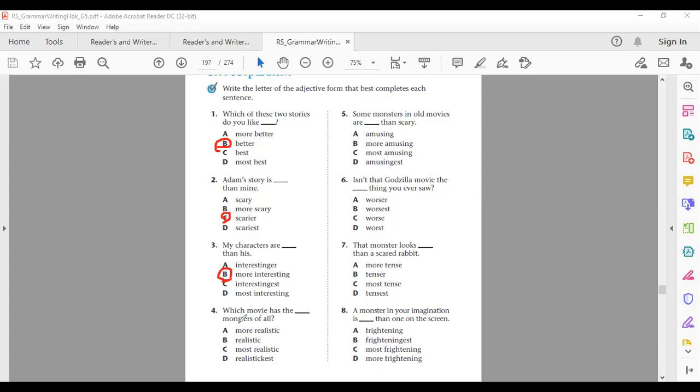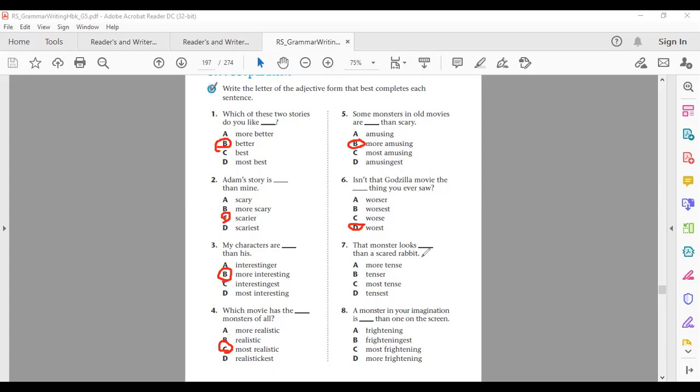I'm comparing two. Which movie has the monsters of all? The most realistic, because I have that. And then number 5: some monsters in old movies are more amusing than scary. Very good, Maria. Isn't that Godzilla movie the worst thing you ever saw?